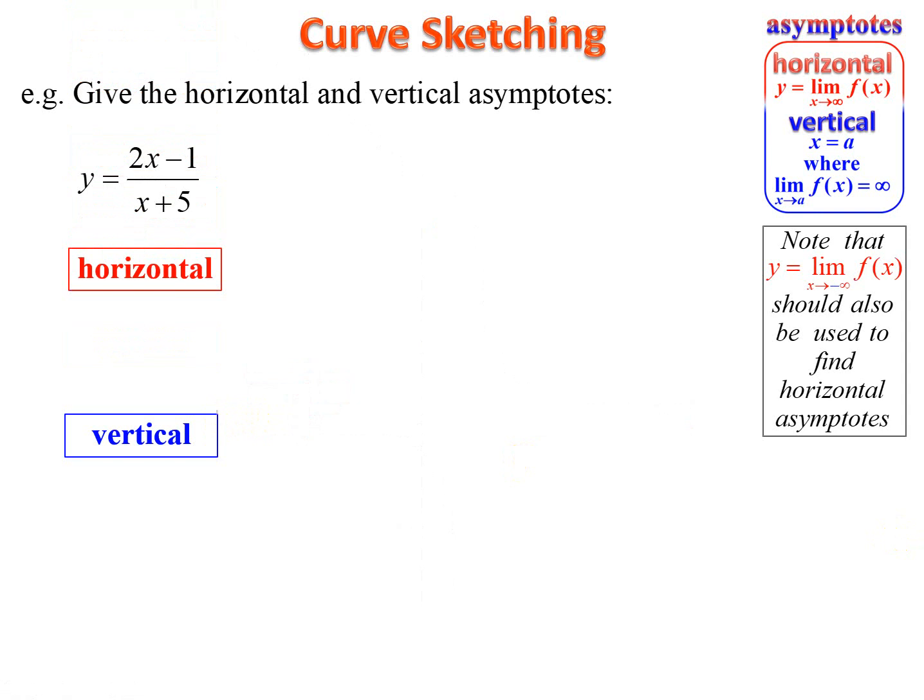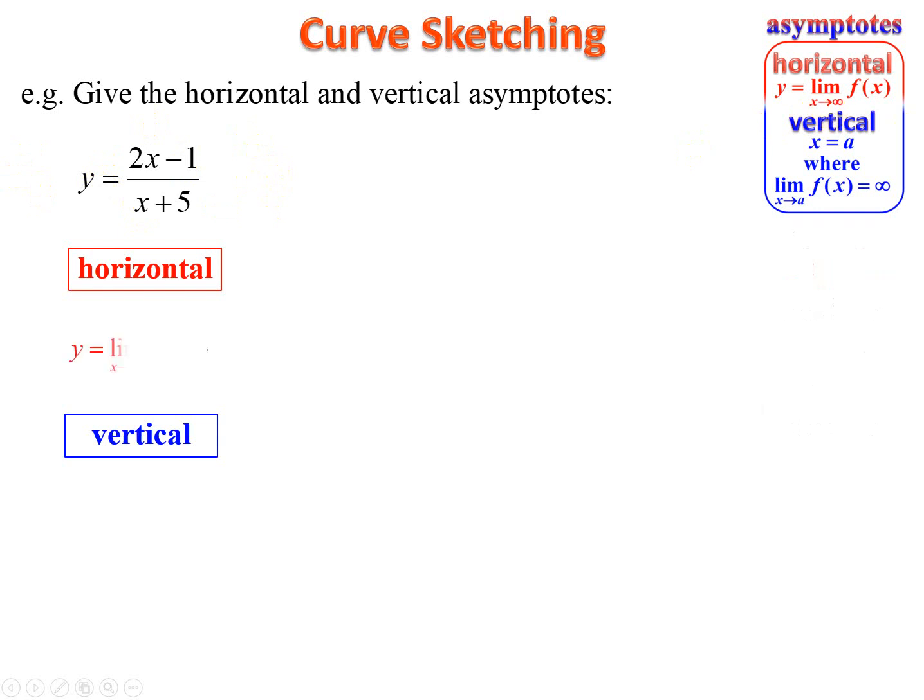So let's just have a look at finding the horizontal and vertical asymptotes. Horizontal, they've actually become quite easy then. Because remember, horizontal asymptote means I'm going to find the limit as x tends to infinity. So we're going to find the limit as x tends to infinity of 2x minus 1 over x plus 5.